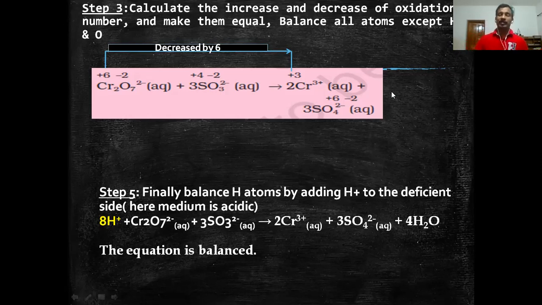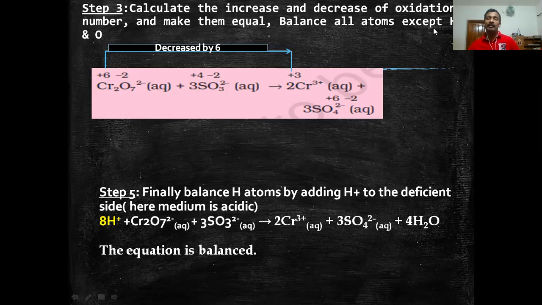In the previous equation there is only one chromium, and to balance these 2 chromium atoms we are adding 2 here, 2 Cr3+. Next, check sulfur: its oxidation number increased from +4 to +6, increased by 2, but here decreased by 6.